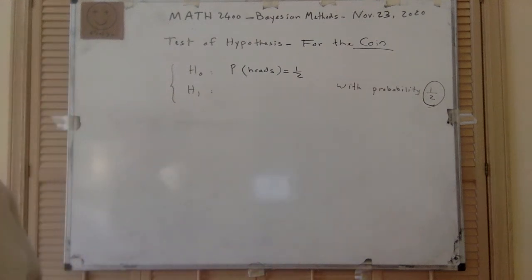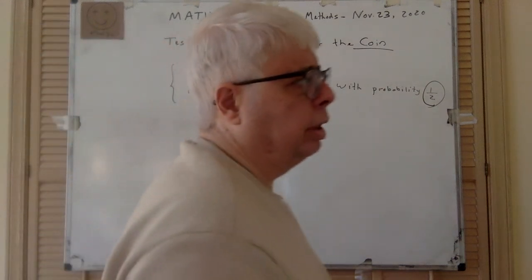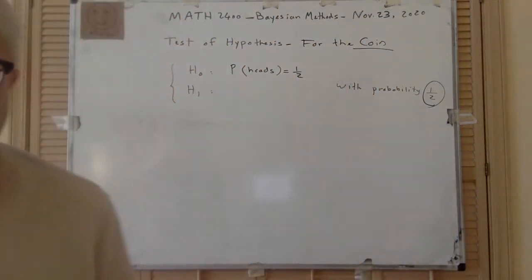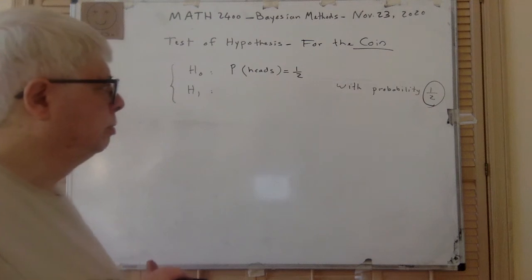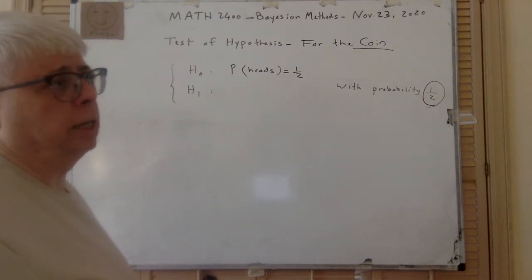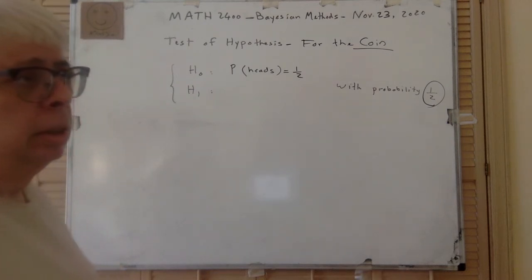So you can say, why should I just choose one number for the probability? And you might say, okay, if I have to do that, then I have to do it for more than one number.